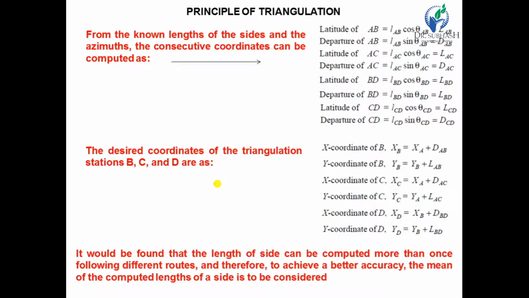Now, following the same procedure, we can also calculate the latitudes and departures of the different lines. The desired coordinates of triangulation stations B, C, and D are the x and y coordinates of B, the x and y coordinates of C, and the x and y coordinates of D. Those are the different coordinates. We have to add and subtract, as we have seen from the figure.